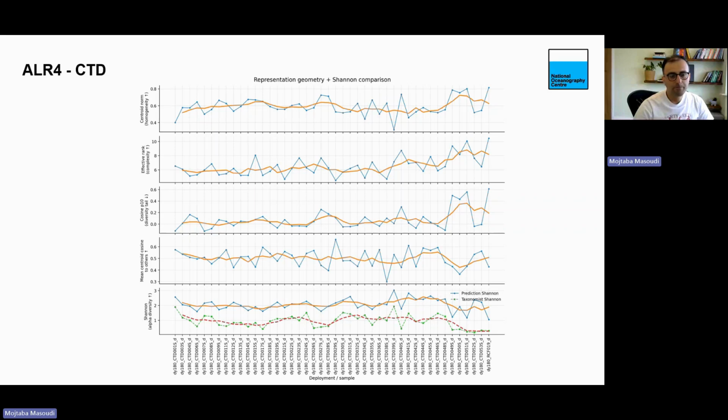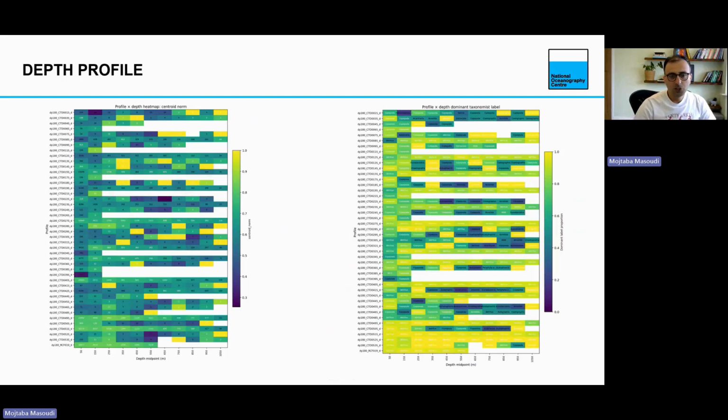What we concluded from these plots: here I show we did investigations about the depth profiling as well.